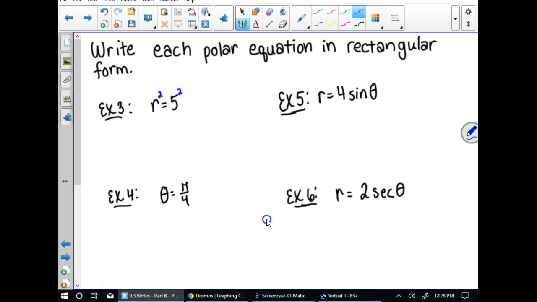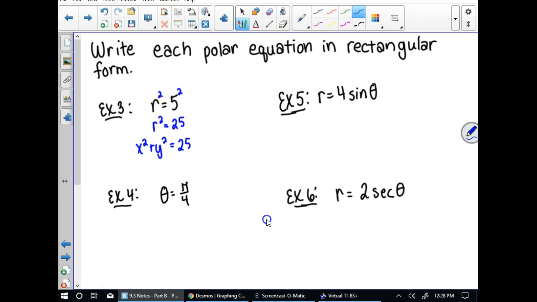And if I square both sides, I get r squared equals 25. And what can I replace r squared with? x squared plus y squared. If I wanted, I could graph both of those and it will show me that those are the same. And typically, circles are left in that form. They're not usually solved for y.